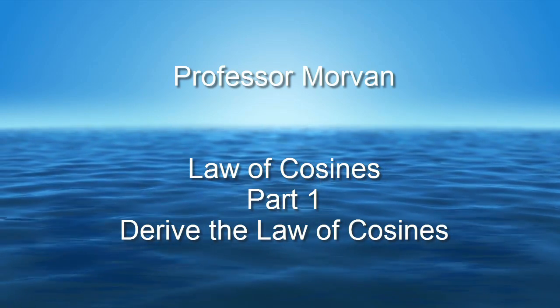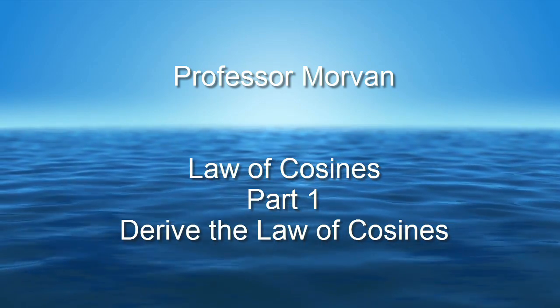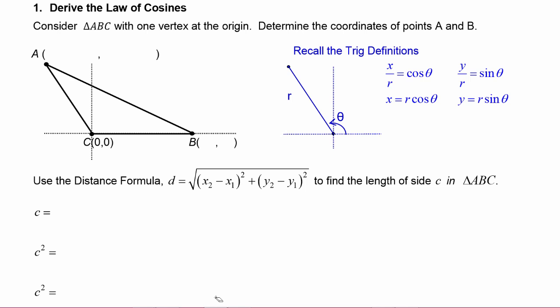In part 1 of our lesson on the law of cosines, we will derive the law of cosines. To accomplish this, let's consider triangle ABC with one vertex at the origin. You can see point C is here, and its coordinates are (0, 0).